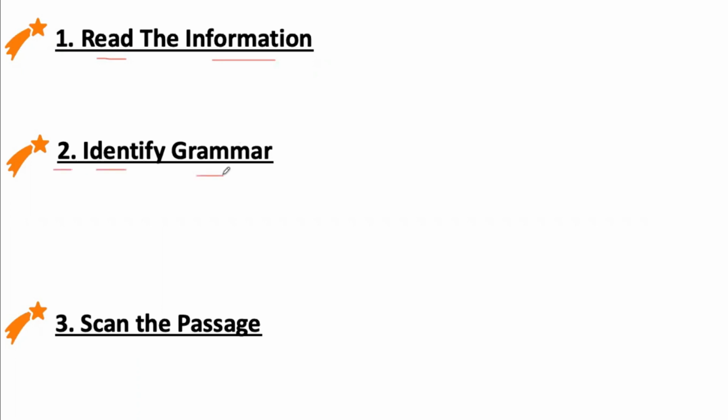After we've done this, we're going to identify the grammar. Our second step relies on understanding what types of words are missing from the paragraph. Are they nouns and verbs, or are they adverbs and adjectives? This is really important because we can already set aside some ideas for which words from the word bank will fit in the passage.